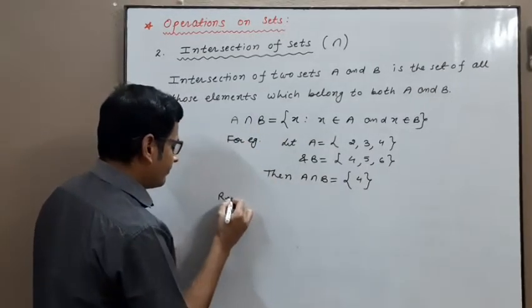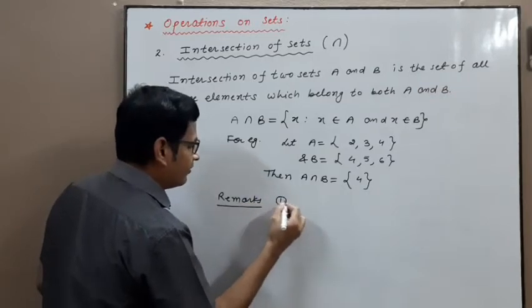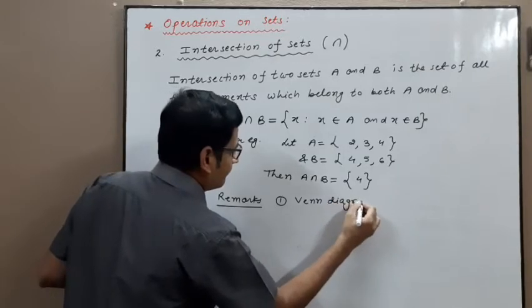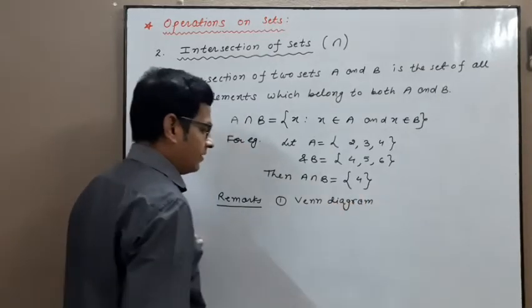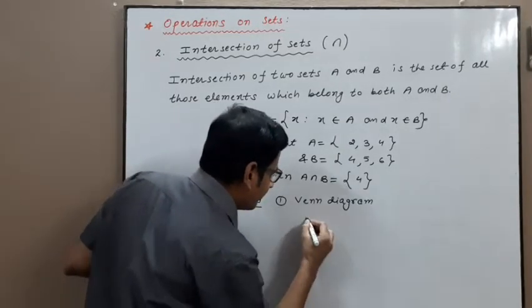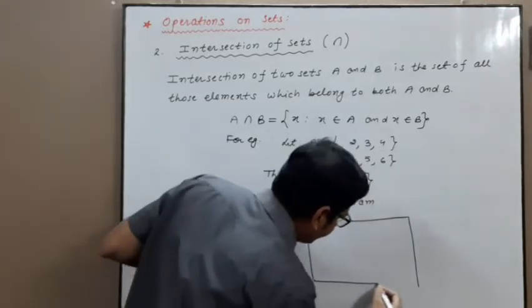Remarks. Number 1, Venn diagram. Venn diagram of two sets A and B. First draw a rectangle for the universal set.